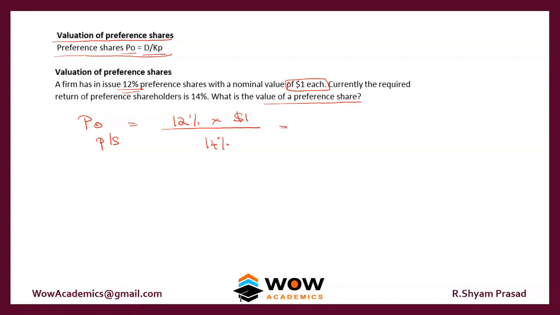So when we solve this, we get 0.857. So that is the value of the preference share. This is a per share value, not the value for the entire company. So that's about the valuation of preference shares.